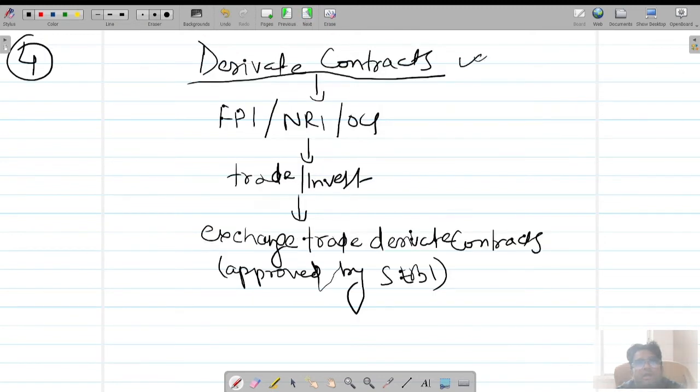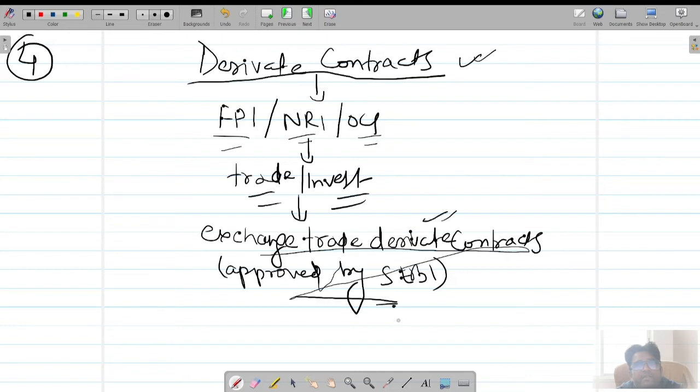Now, how can investment in derivative contracts be made? A foreign portfolio investor, NRI or overseas citizen of India, all three, can trade or invest in exchange traded derivative contracts that are approved by SEBI. That is, derivative contracts approved by SEBI can be invested in by a foreign portfolio investor, NRI or overseas citizen of India.